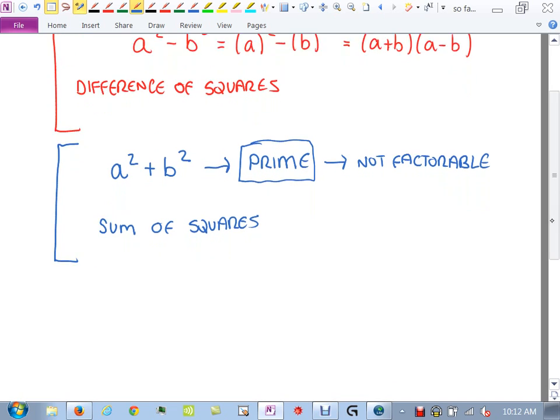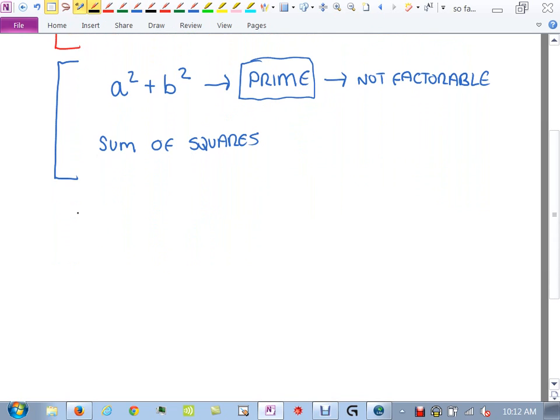So as an example, if I put 4x squared plus 9, first thing you do is you look at it, you say GCF. No GCF, right? You say two terms. I have two terms. What are the things I have? Difference of squares, right? And sum of squares.